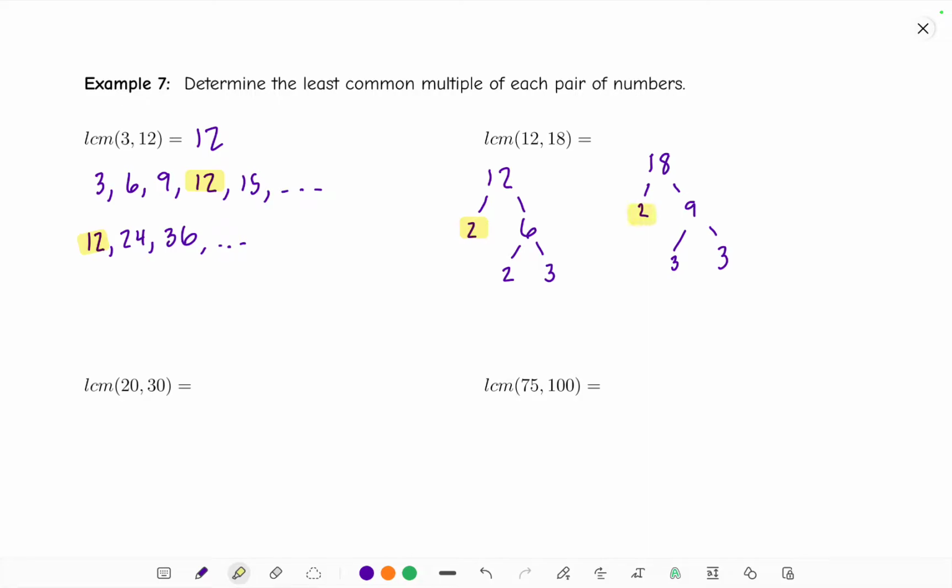So they have a 2 in common, so my LCM will have a 2. They have a 3 in common, so my LCM will have a 3. But then unlike Go Fish, you get all the other factors that they don't have in common. 2 and 3. So then we get 2 times 3 times 2 times 3, which is 36.